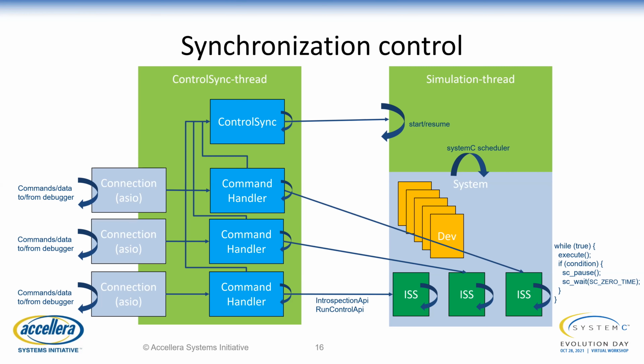So if we look at this one in more detail, we have the synchronization control. It consists of the control sync thread and the simulation thread. We have all the connections, so the commands and the data to and from the debuggers, multiple ones in parallel. We have command handlers handling the commands sent from the debuggers, and those will forward the commands and get the data from the ISSs.